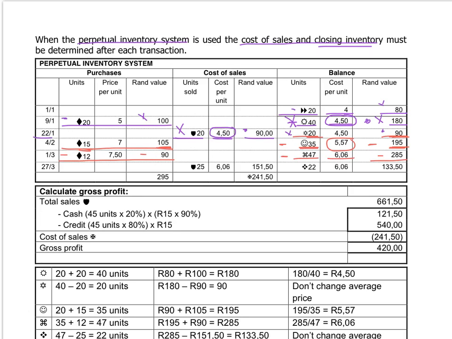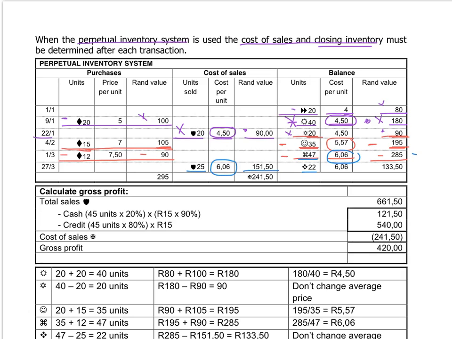On the 27th of March, we sold 25 units. So of that 47 that we had, we sold 25, so we've got 22 units left over. The average price is R6.06, so it means that the cost price of the 25 units that we sell is R6.06 each. 25 times R6.06 will give me R151.50.